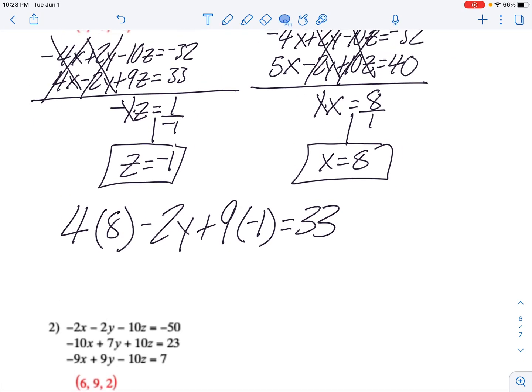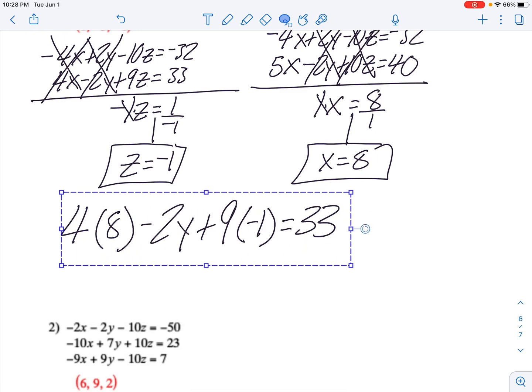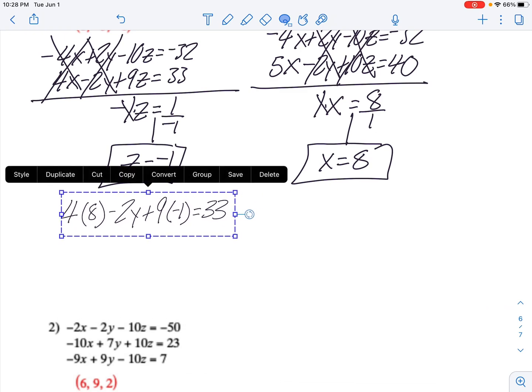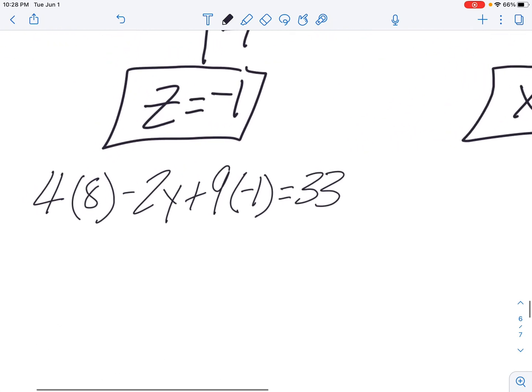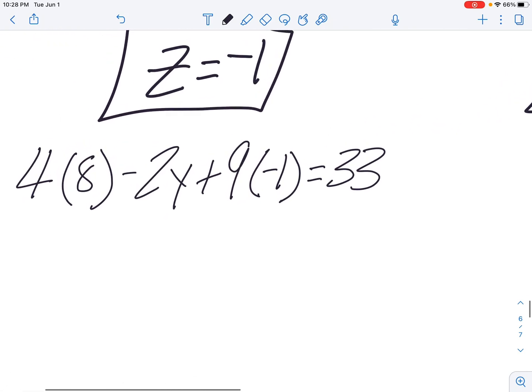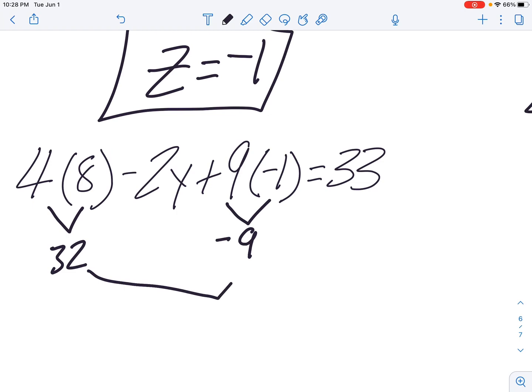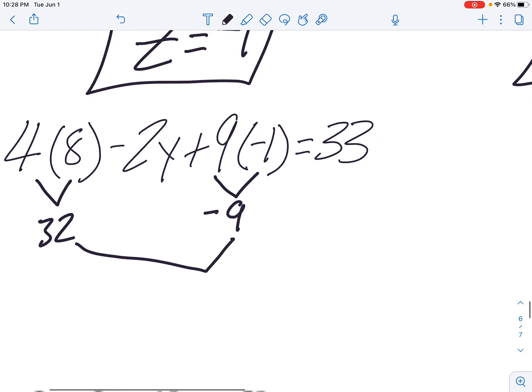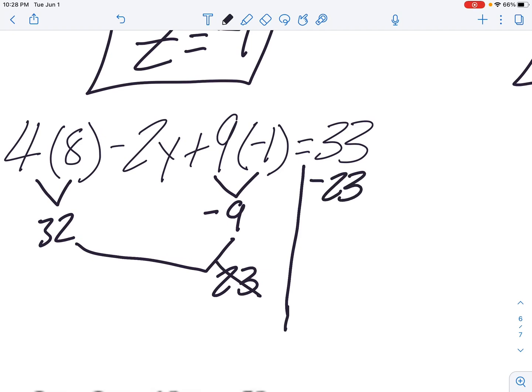I made this too big, so let me make this smaller so I can make it fit. All right. So 4 times 8 is 32. 9 times negative 1 is negative 9. 32 and negative 9 is 23, right? Well, I'm immediately going to bring this 23 over as negative 23.